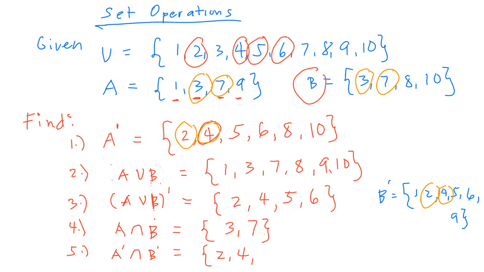Another one would be 5. Okay, 5. Then we have also 6. So 6 is there.